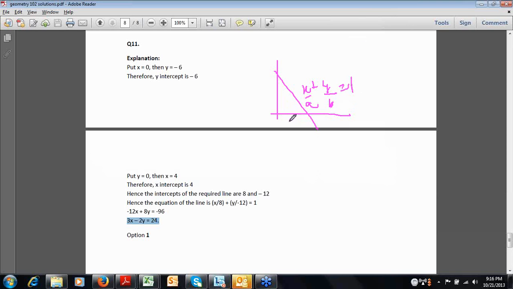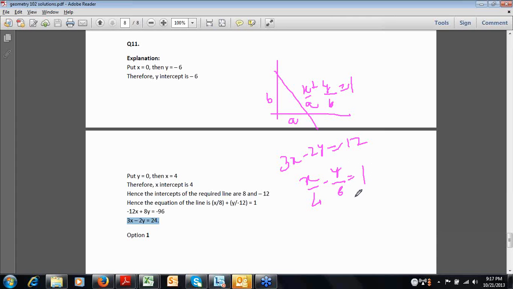So a is x-intercept and b is y-intercept. Now the given line is 3x minus 2y is equal to 12, which can be written in this form as x by 4 minus y by 6 is equal to 1.